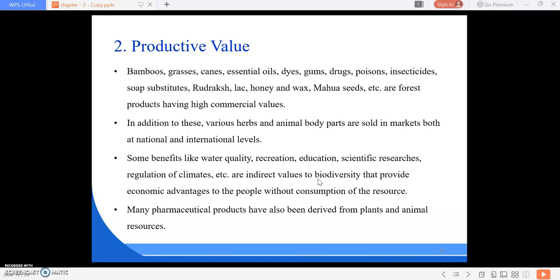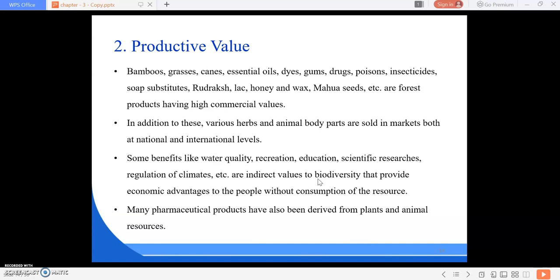Worldwide, medicines from plants are worth over $40 billion a year, as per the Government of India in 1991. 80% of the people in tropical areas are dependent on traditional medicines.